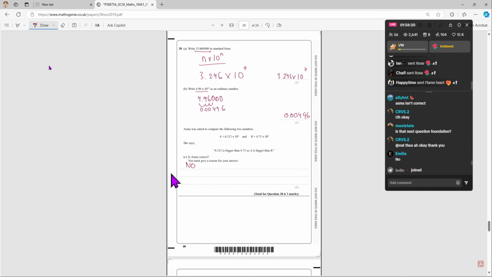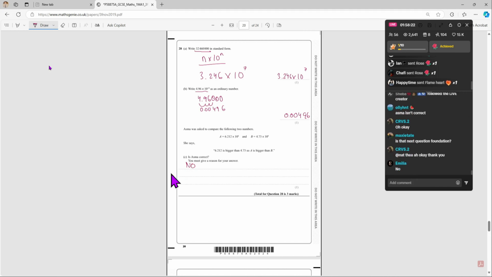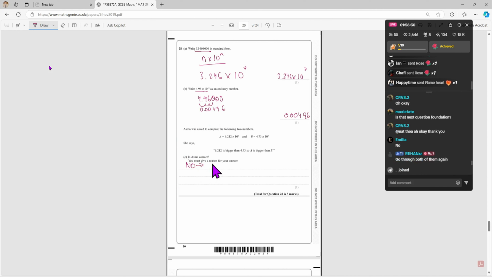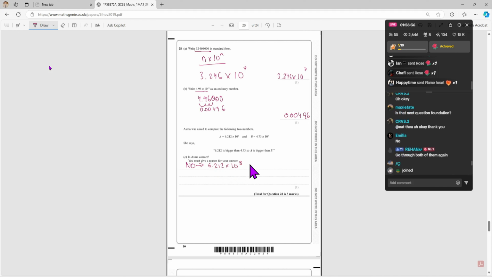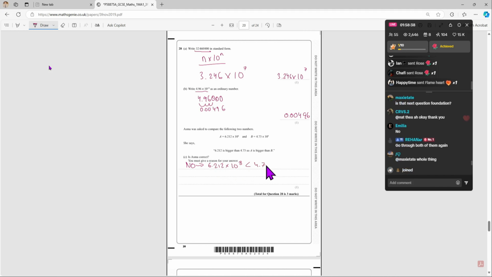Yes, she's not correct. It says give a reason for your answer. What should I write? Let's just write 6.212 times 10 to the power of 8, which is less than 4.73 times 10 to the power of 9.